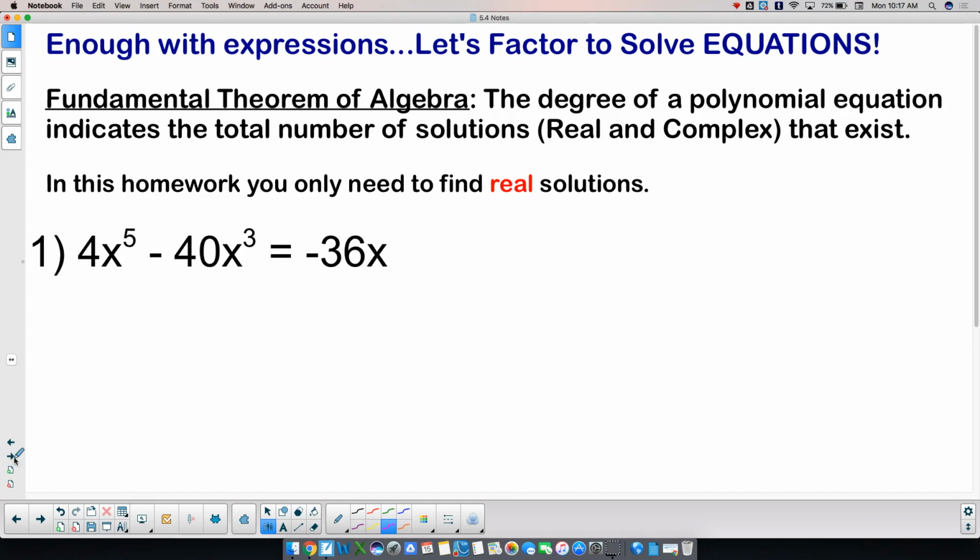Okay? The fundamental theorem of algebra states that the degree, which, refresh my memory, what's the degree of a polynomial? In your notes. The power is raised to? Even more than that.